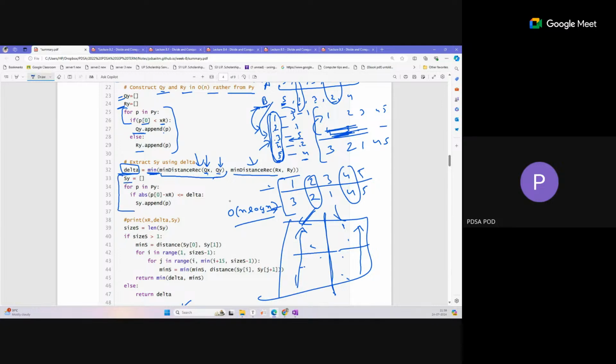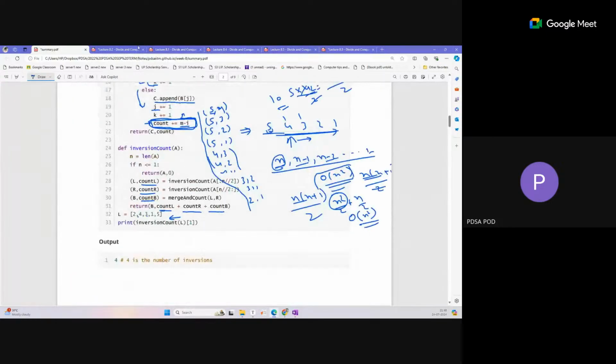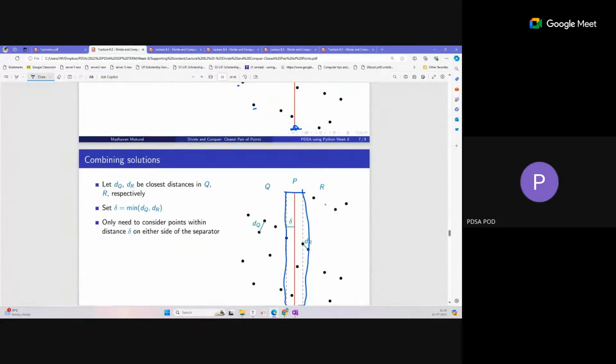So sy, these points we are actually using for the border area. This is the main part of this algorithm. What area do we need to find out? After getting this delta value, suppose you have received dq and dr on the right side, and delta represents the minimum among the left closest point or right closest point. So this is the closest distance among these two sides.